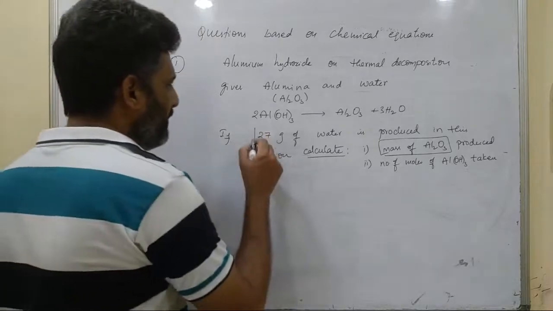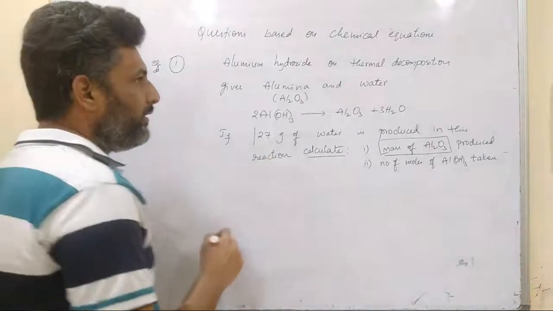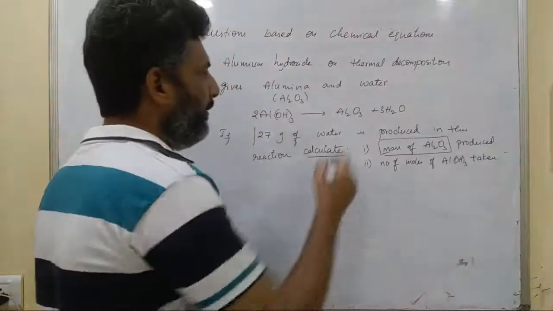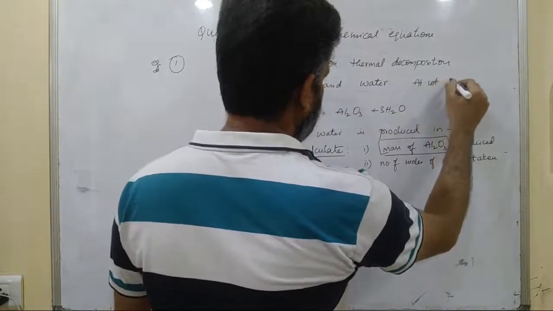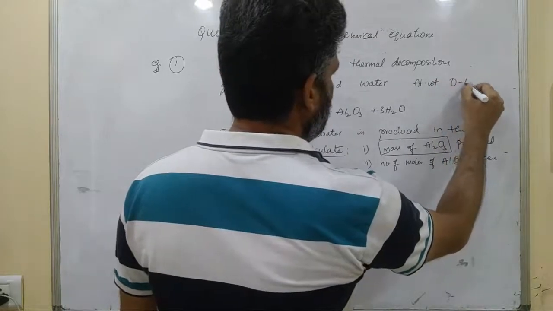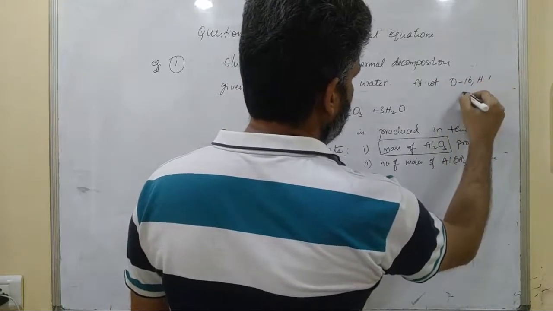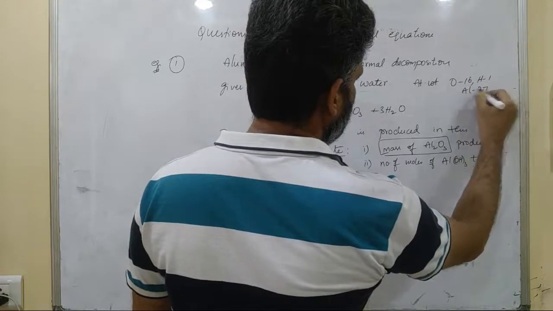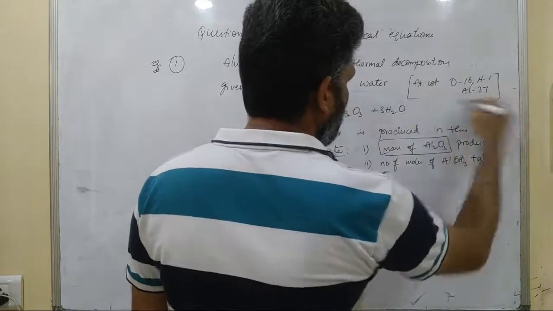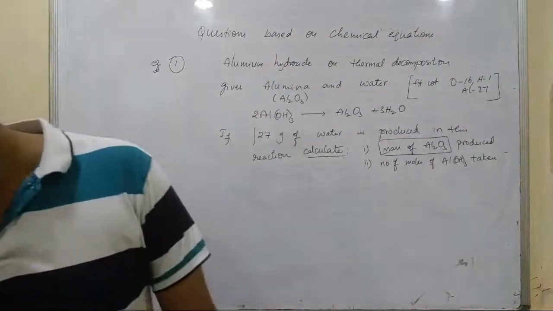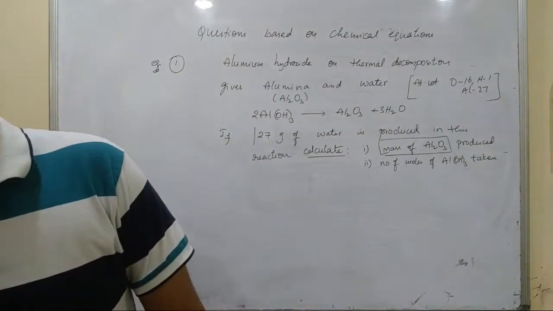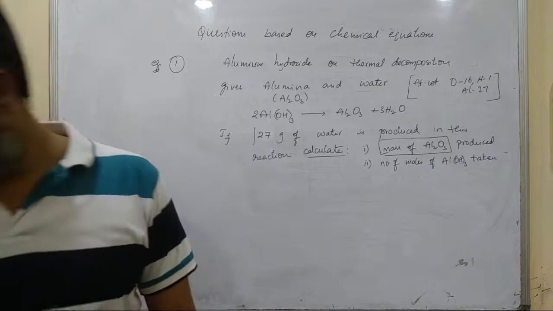So first, what's given here? Along with this, atomic weights also will be given. Atomic weights: oxygen 16, hydrogen 1, aluminium 27. This is the list of atomic weights of different elements which we are going to use in this numerical.